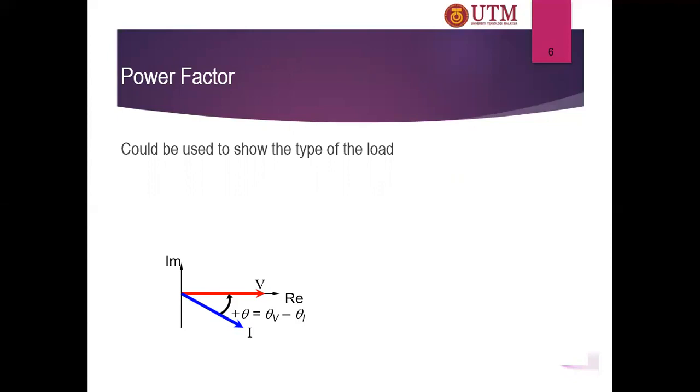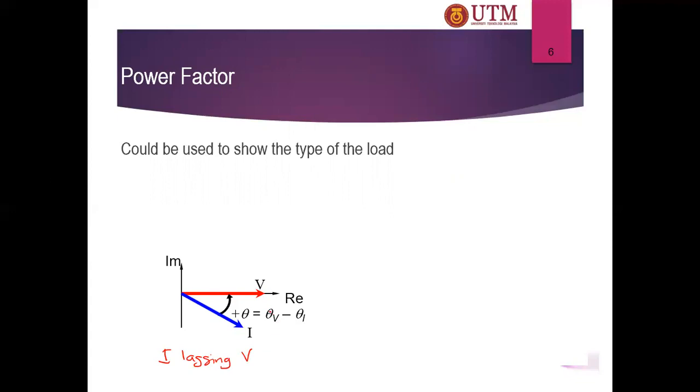Okay, so this is the voltage and current in phasor form, and as you can see here, the voltage is leading the current, or we normally say the current is lagging the voltage.